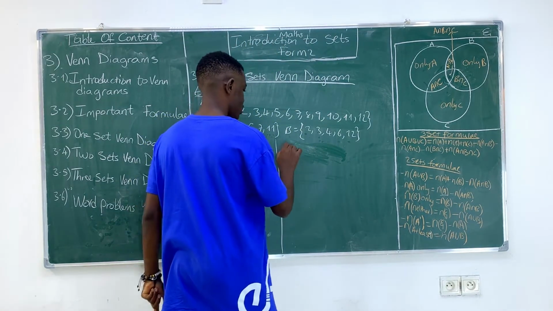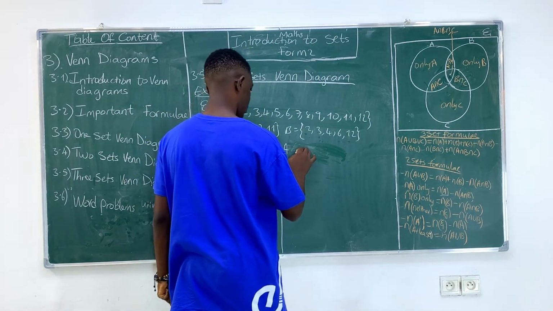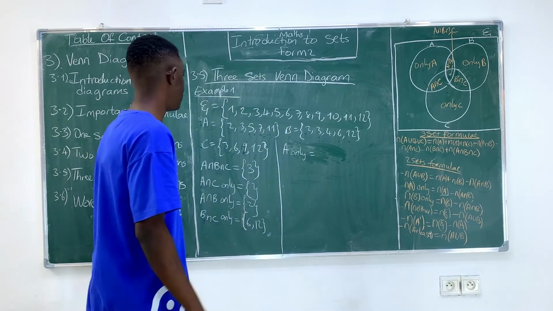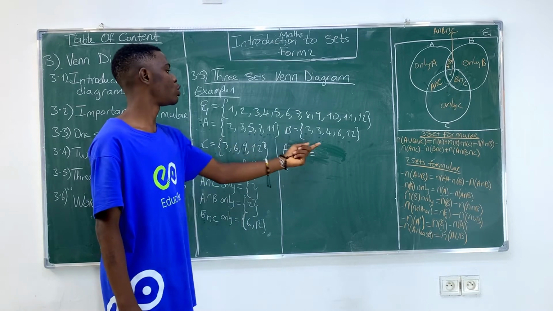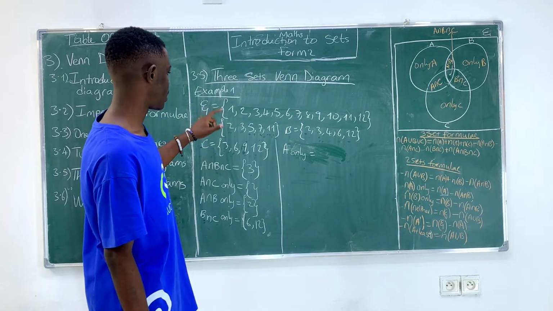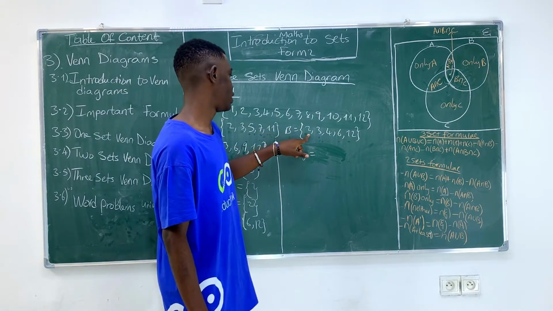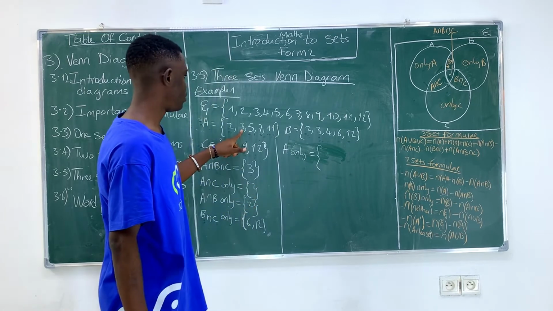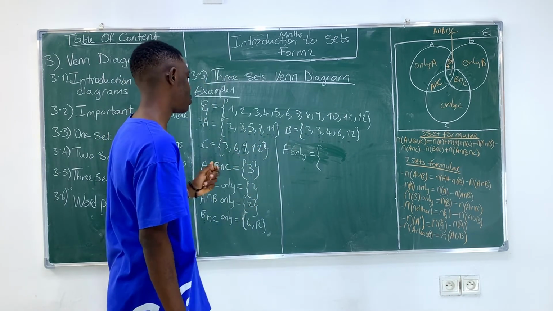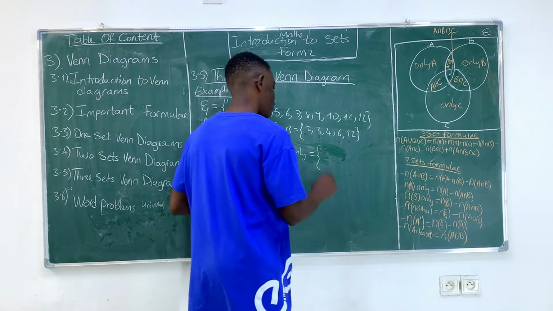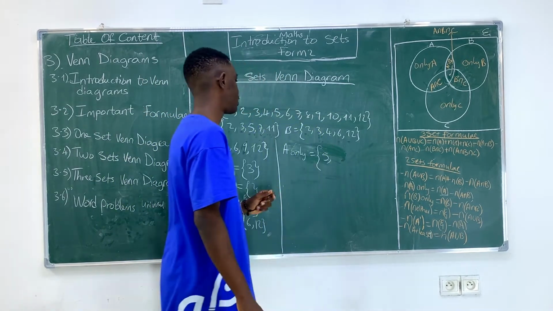Terms which are common to A, which are not common to B and C. So let's start checking. 2 is in B, yes, you don't put it again. Let me open my curly bracket. 3 is in B, yes, no, keep it. 5: is 5 in B? No. Is 5 in C? No. So 5 is only A, keep it like that.